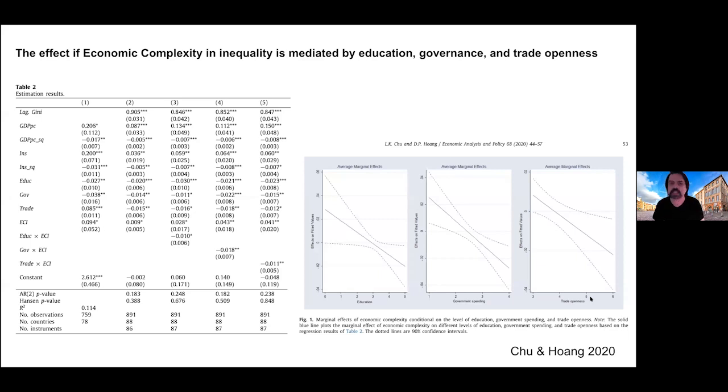So as countries become more educated, they are able to exploit the effect of economic complexity in reducing inequality. But if education is low, then the effect of complexity on inequality would be the opposite, would be positive rather than negative. So that's a little bit of what we know at the international level.